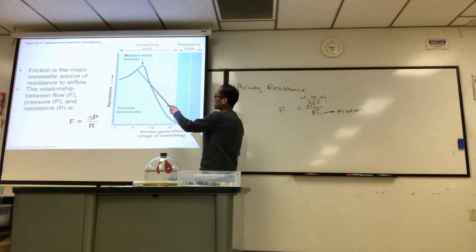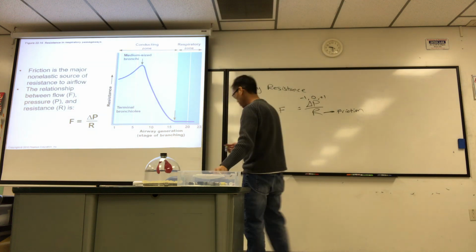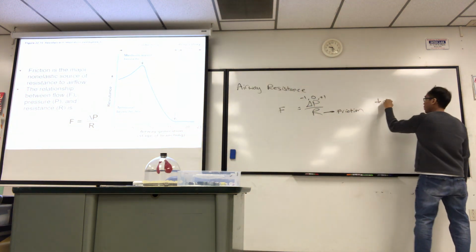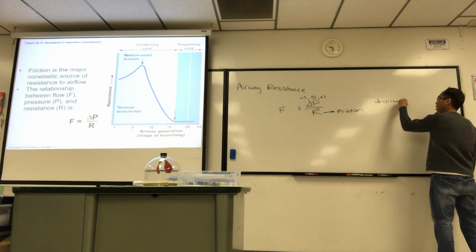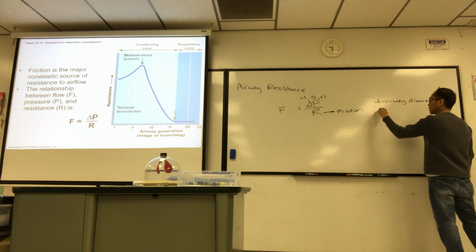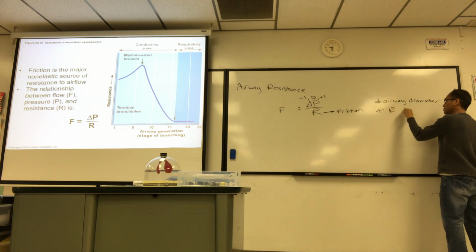But the airways are getting smaller. So a smaller airway means increased resistance to airflow. That's the relationship. Decrease airway diameter, increase capital R resistance to airflow.